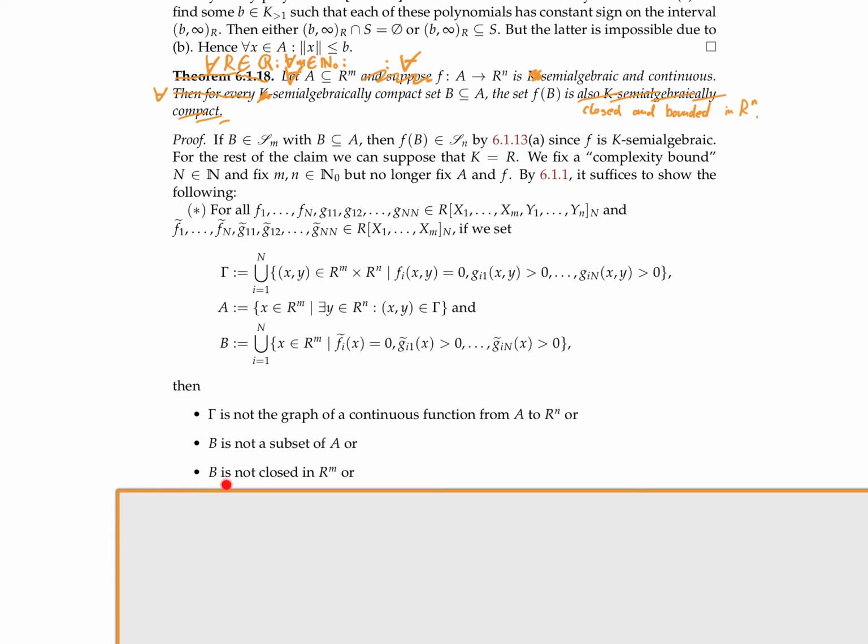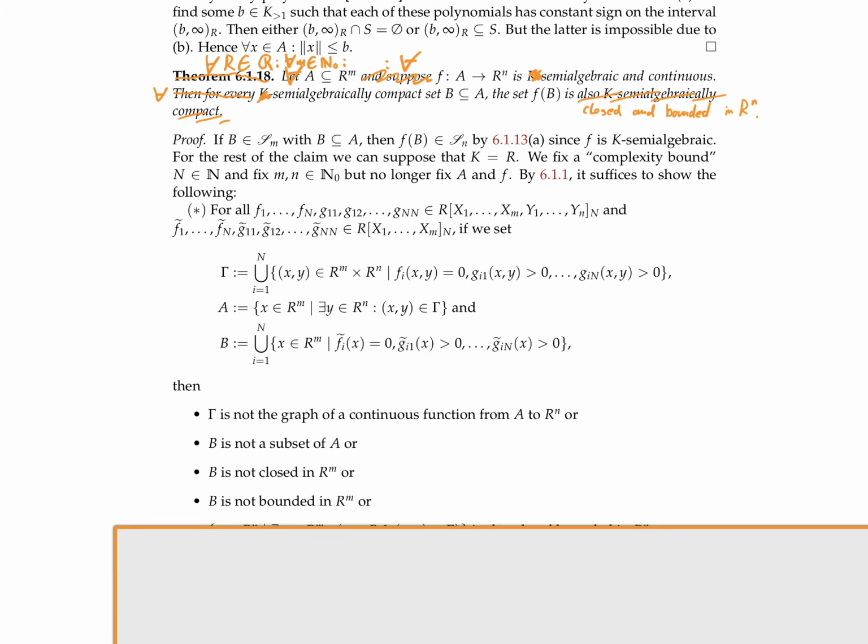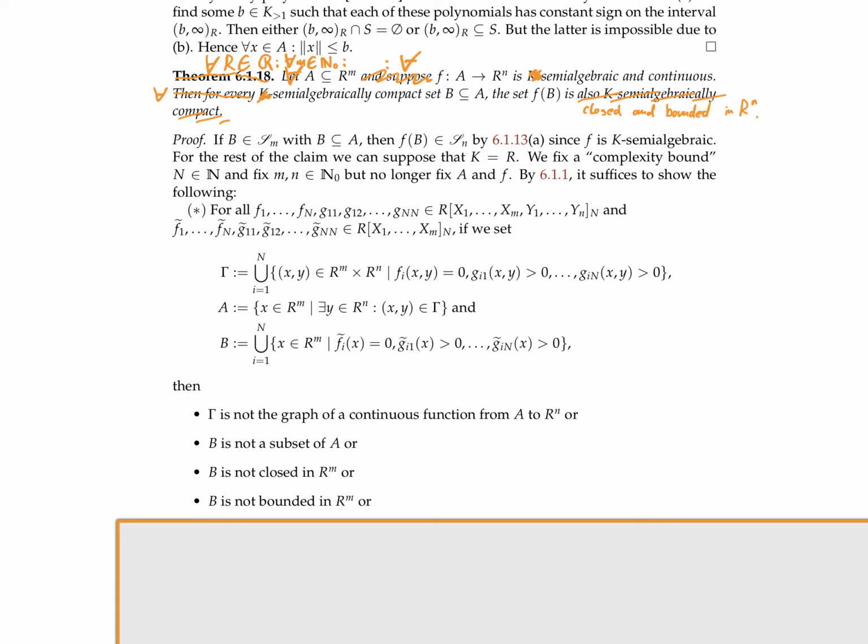being in the closure would mean that whenever you take a little cube or a little open ball around the point, then there is a point of B inside, right? Easy to write down, right? You write for all epsilon bigger than 0, etc. B is not bounded in R^m, also easy to write down.